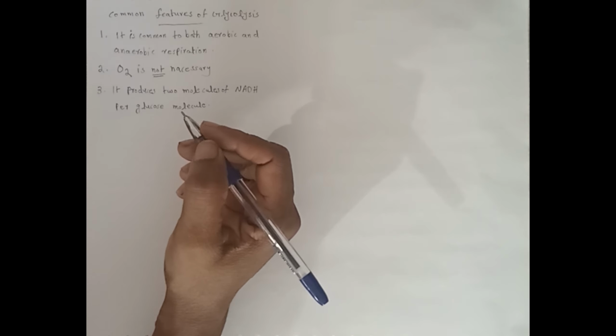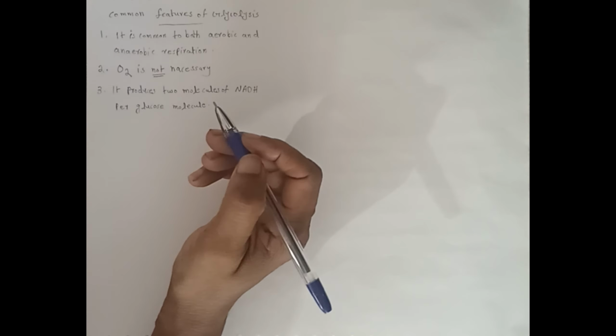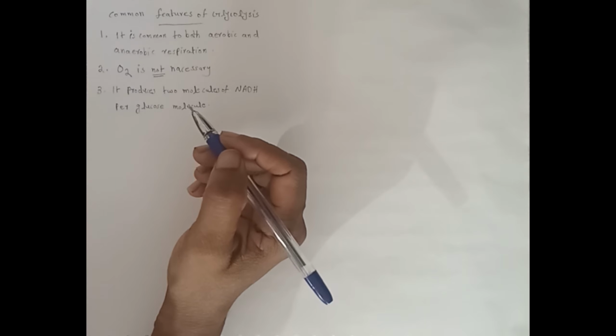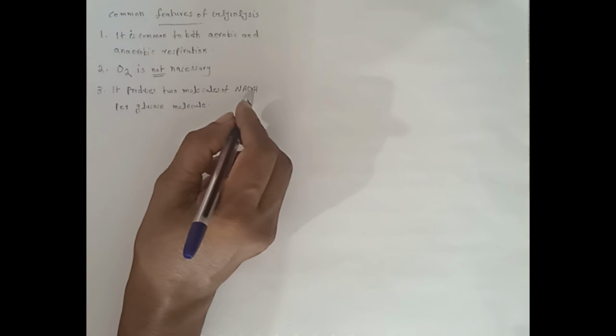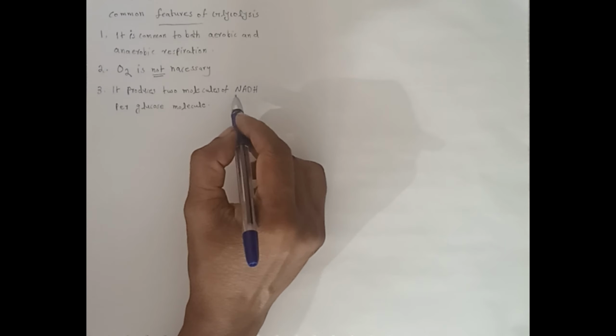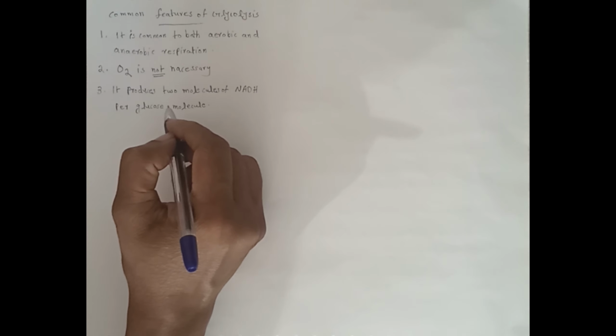In higher classes, you can learn the complete process of aerobic and anaerobic respiration. Now this step is just mentioned. Glycolysis produces 2 molecules of NADH per single glucose molecule.